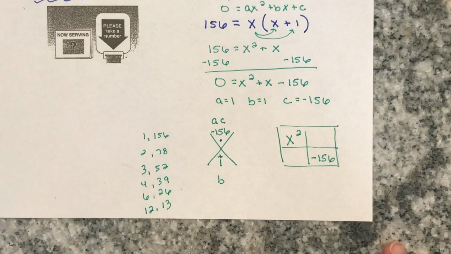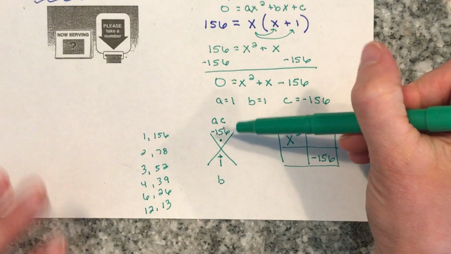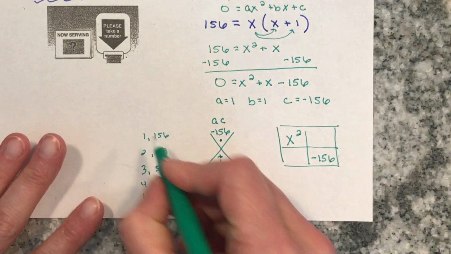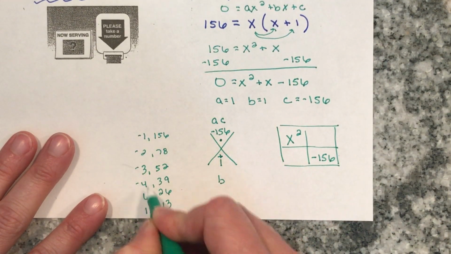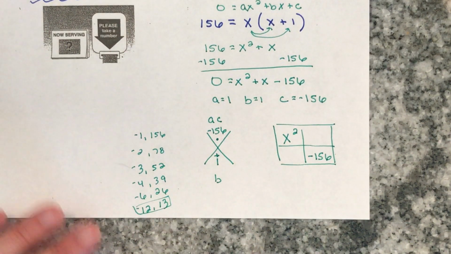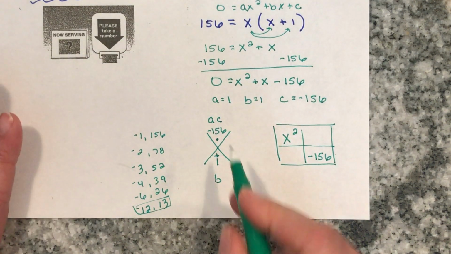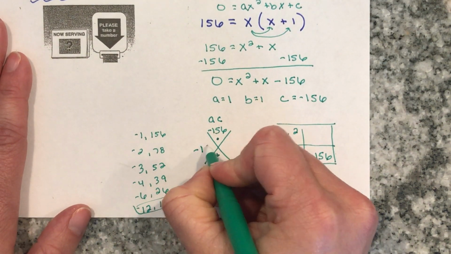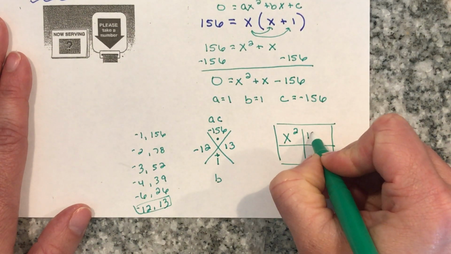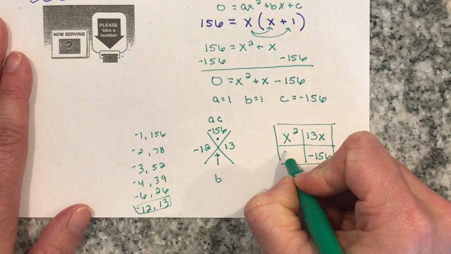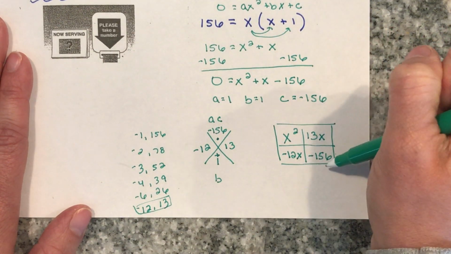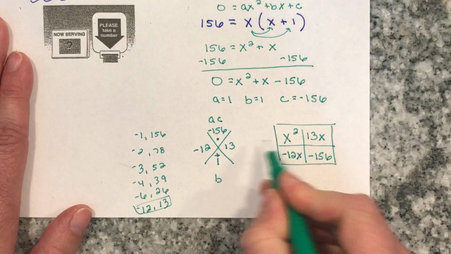Then we have to worry about negatives. We multiply to a negative, so one of our numbers has to be negative, but we're adding to a positive, so it's the smaller number that's our negative. Our final combination that will work, two numbers that multiply to negative 156 but add to 1, is negative 12 and 13. So we plug them in, we have 13x and negative 12x, and then we pull out the greatest common factor from every column and every row.